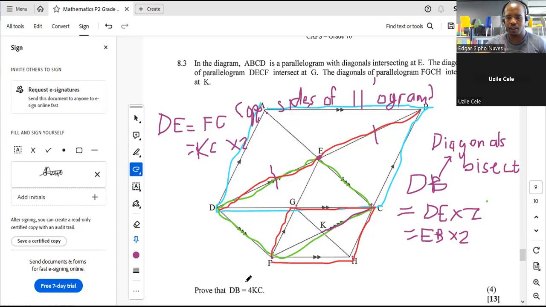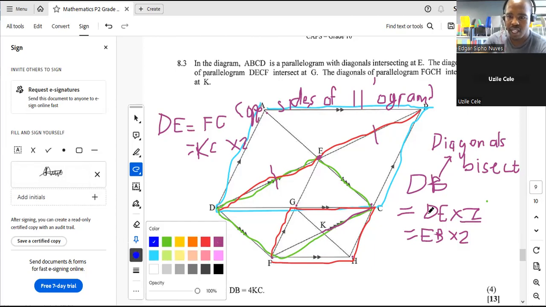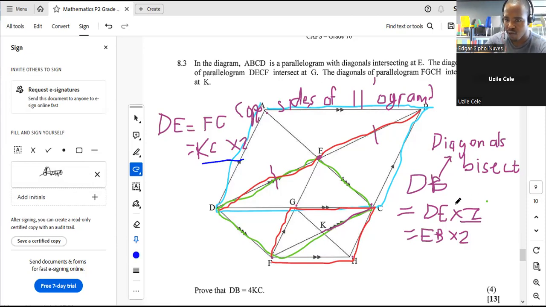Can we say DB is equal to KC times 2? Correct. But remember, KC times 2 is only replacing the DE part. You'll still have that times 2. So the DE part is replaced by KC times 2, and we still multiply by that times 2 because it was not substituted by anything.